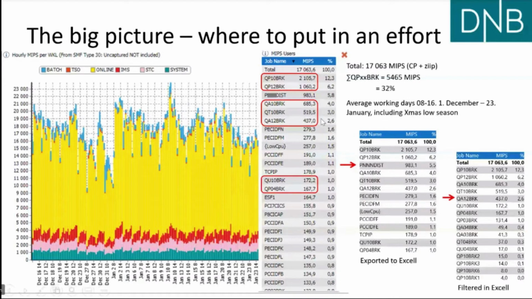And here I could just dump this to Excel and filter, calculate, and get only the brokers because there are lots of them. I could add that through, and on average this was 5,500 MIPS, and that is 32% of all consumption.